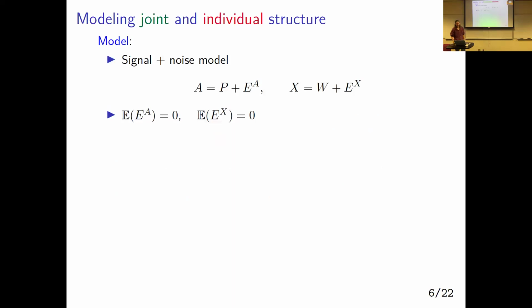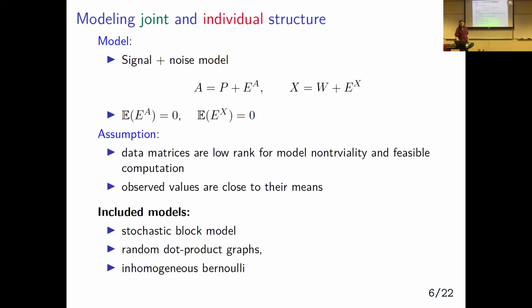All right, so our model is pretty simple. It's going to be a signal plus noise model for the network and the covariates. Our adjacency matrix A, that's the connectivity that we observe, and our covariates X are both going to be a mean plus some mean zero noise. We need to make some assumptions about this structure.